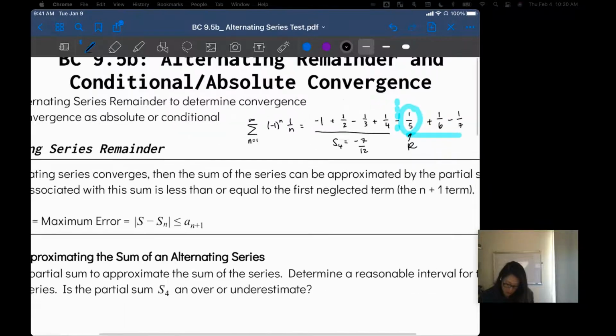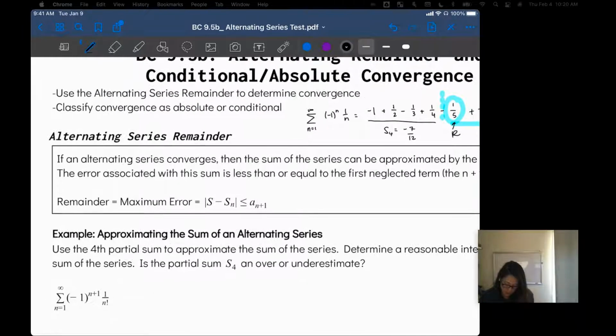Okay. So it says the maximum error is equal to the sum of the series minus the partial sum, and that's less than or equal to the next term that we didn't use.